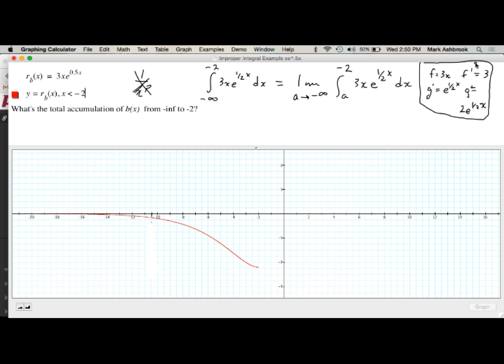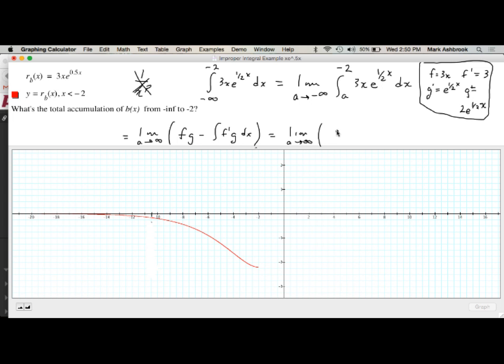Okay, good so far? So we have the limit as a goes to negative infinity of f times g minus the integral of f prime g. So let's just set this up. I think there's a class in here, so I'm going to have to just finish the video myself and post it, and you're going to watch it.